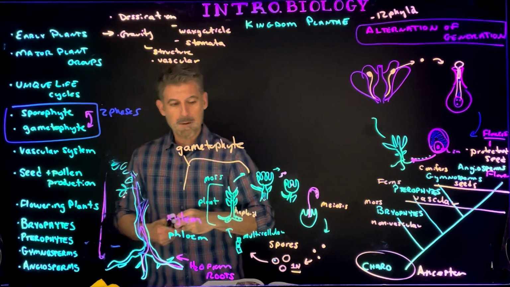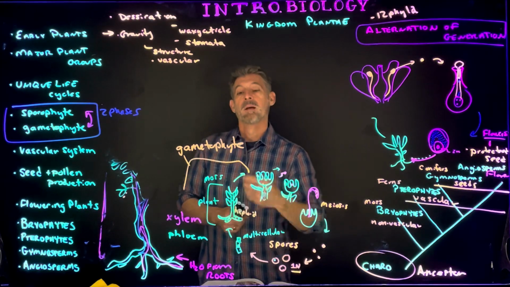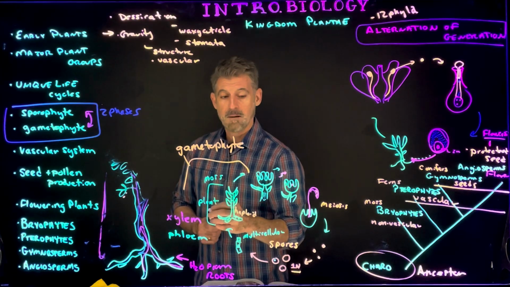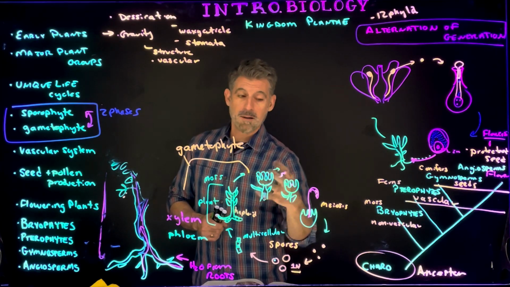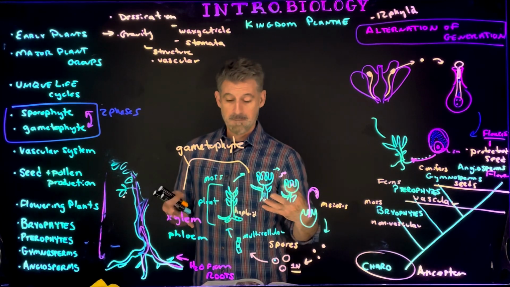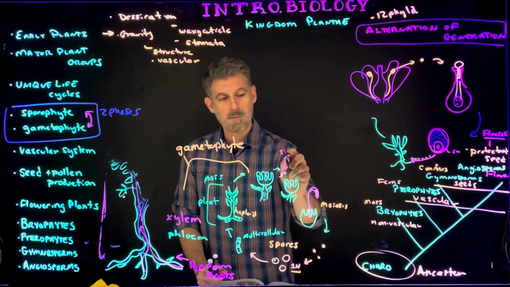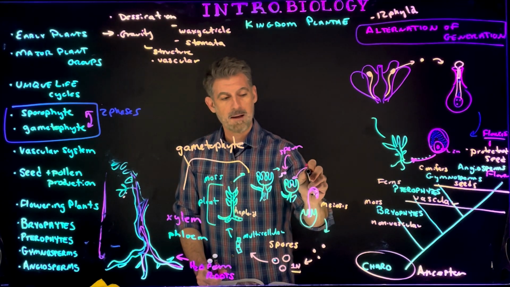It's macroscopic, you can see it, and so forth. Within the gametophyte plant, structures are going to develop that will differentiate. And so some of these structures will produce sperm, and some will produce egg, right, or ova.